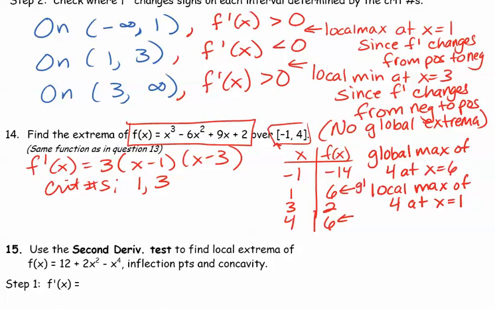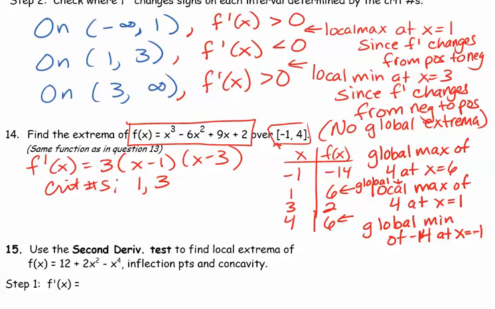Global and local, I should say. And we have our global and local minimum. Nope, just global. It's at an endpoint. Global minimum of -14 at x equals -1.